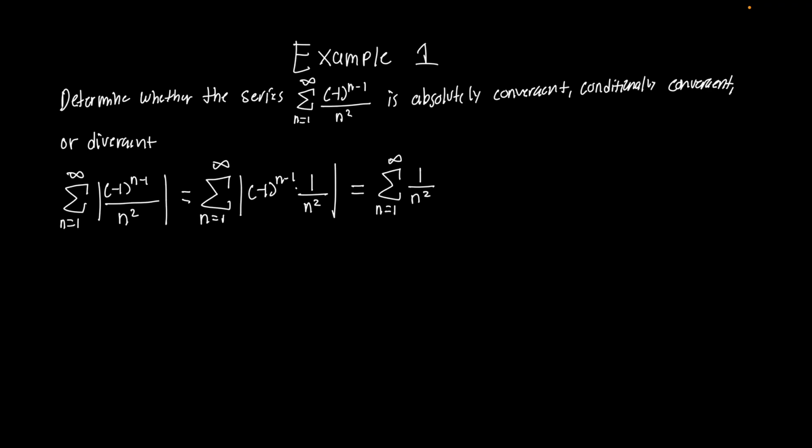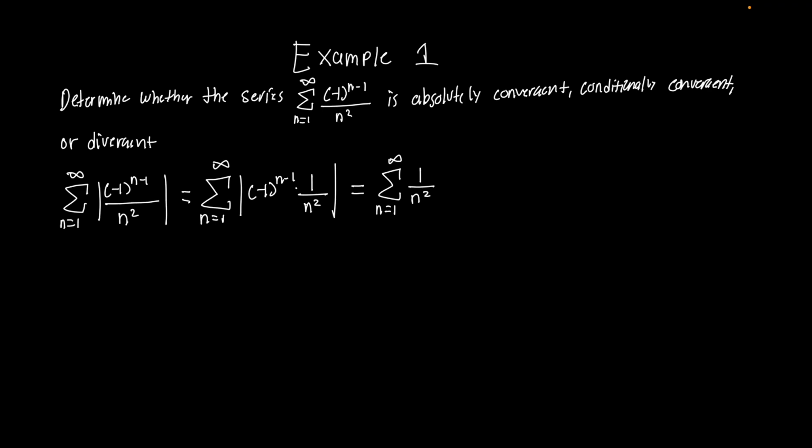Remember, the 1 over n squared just stays the same because there aren't any negative signs, so it's just going to remain the same. But the (-1)^(n-1) all it does is change the sign. So when you take the absolute value, it becomes 1.